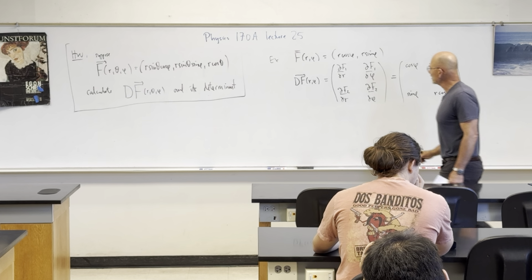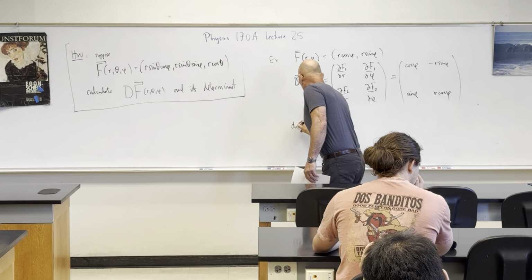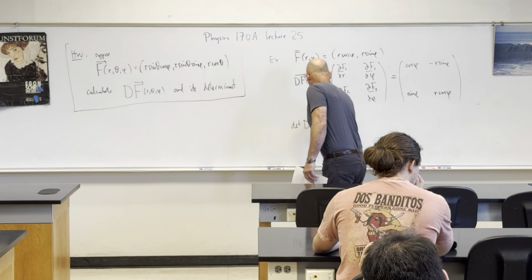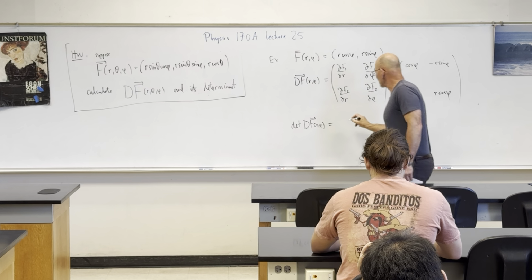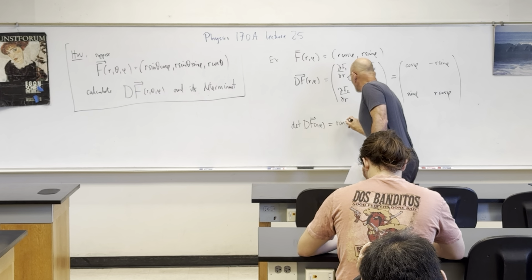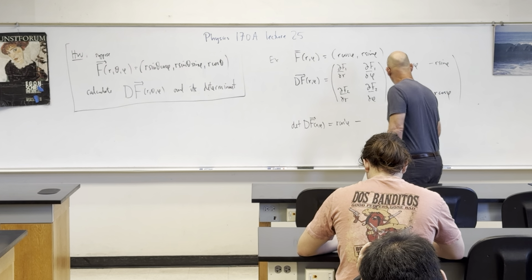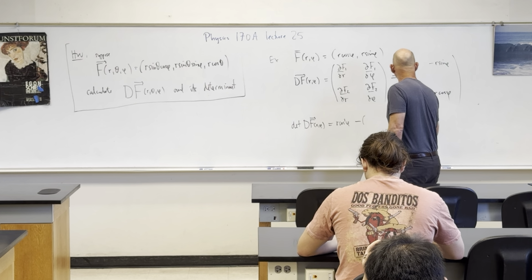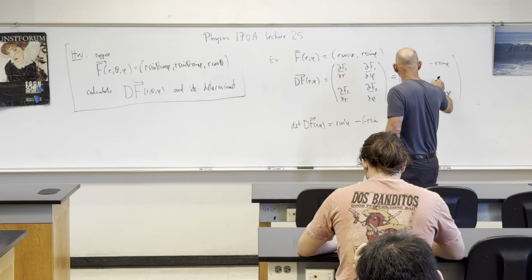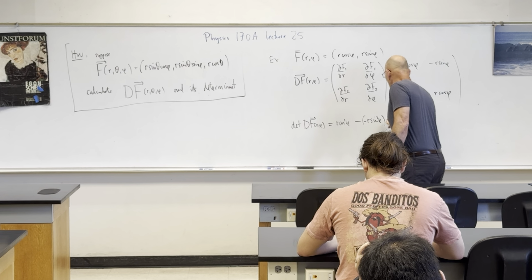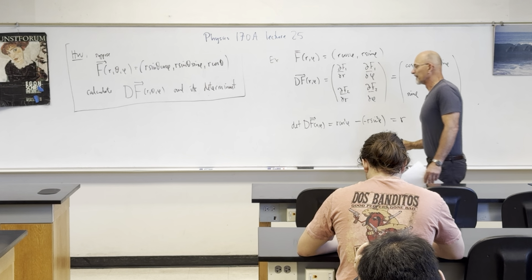What about the determinant of this? Determinant of df of r and phi is r cosine squared phi minus negative r sine squared phi equals r.